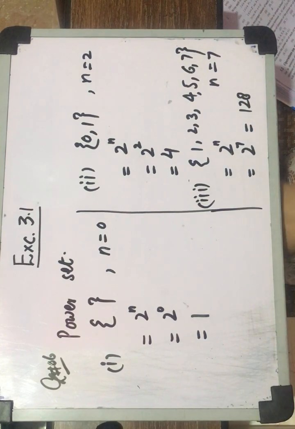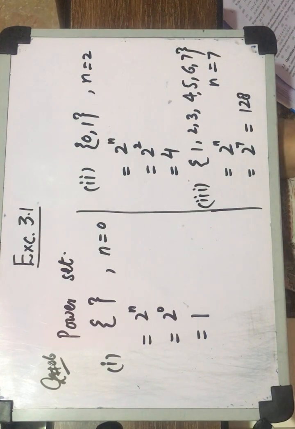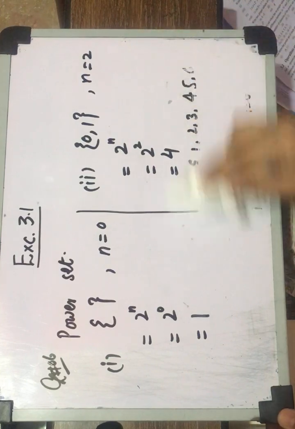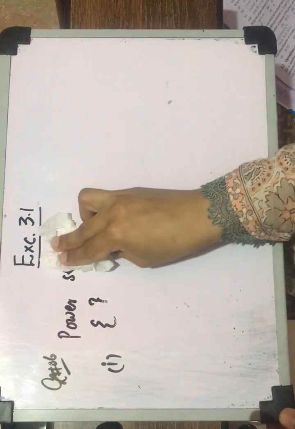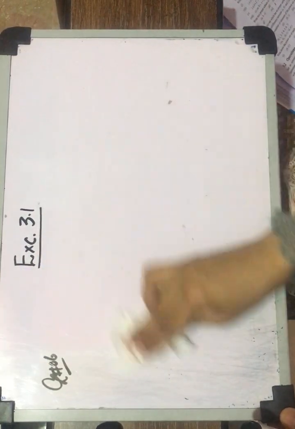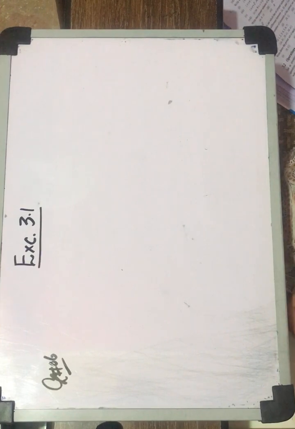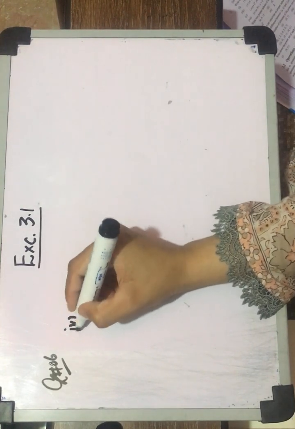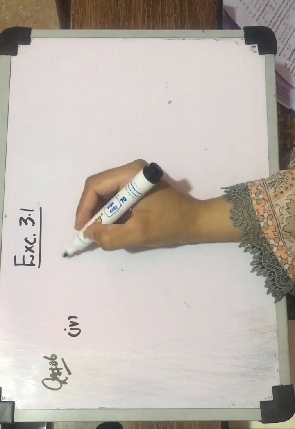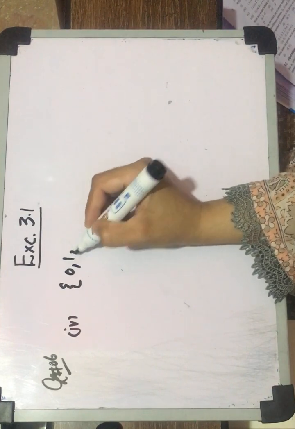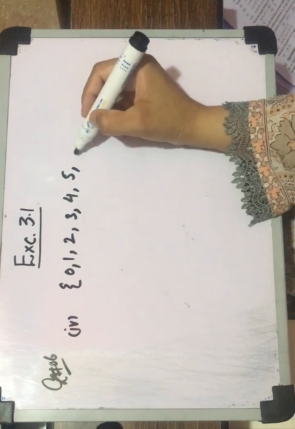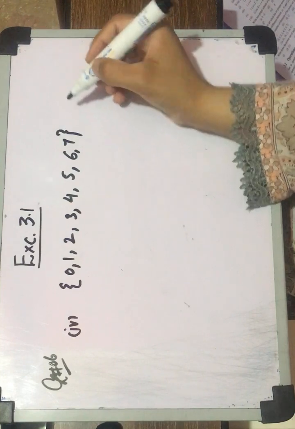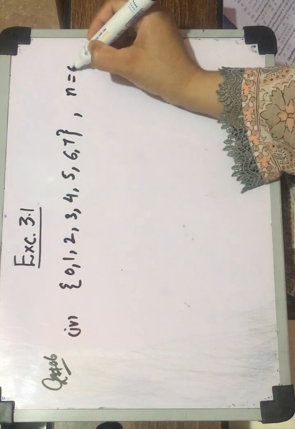Okay, let's move towards part number 5. I'm going to erase all of this. Next, IV, and this is 0, 1, 2, 3, 4, 5, 6 and 7. Here n is equal to 8.